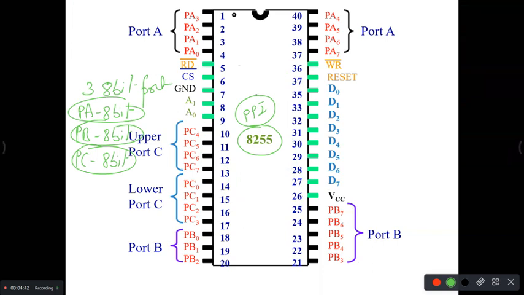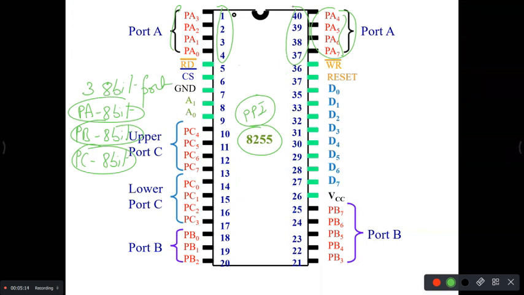See here, port A: 4 bits are here, and the other 4 bits of port A are here. So pins 1 to 4 and pins 37 to 40 form the 8-bit port A. Through these pins, you can give data out to the IO, or take data from the IO.